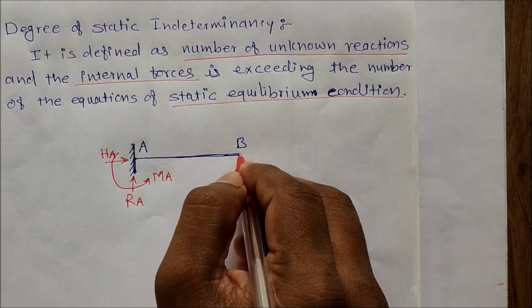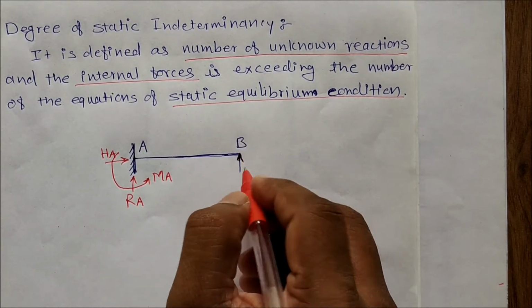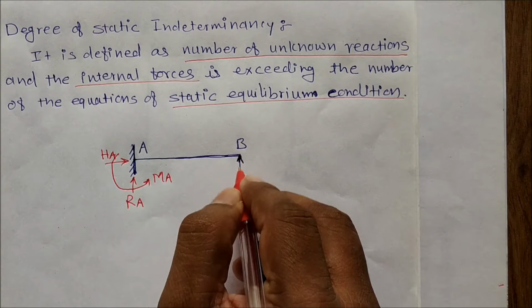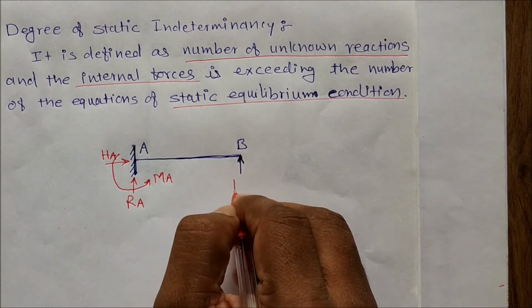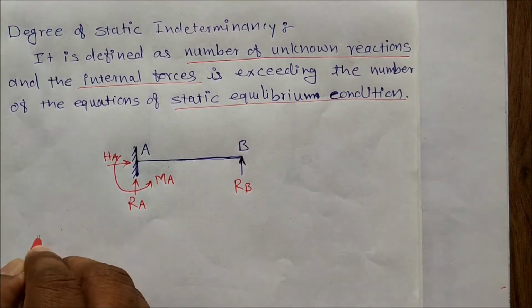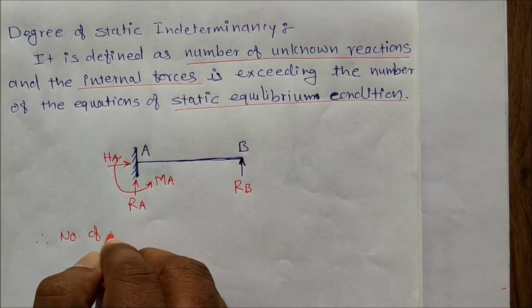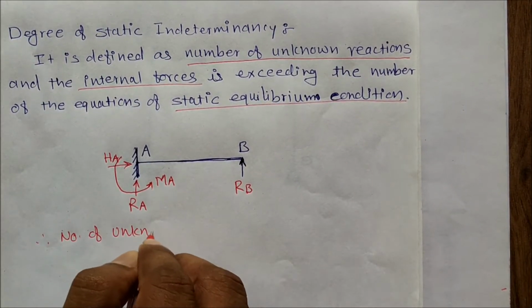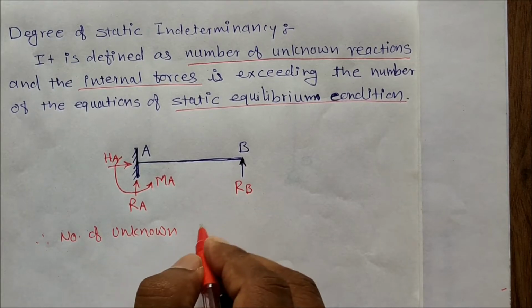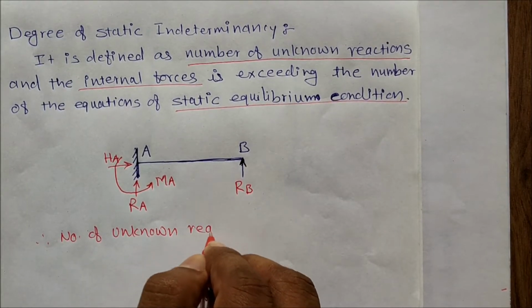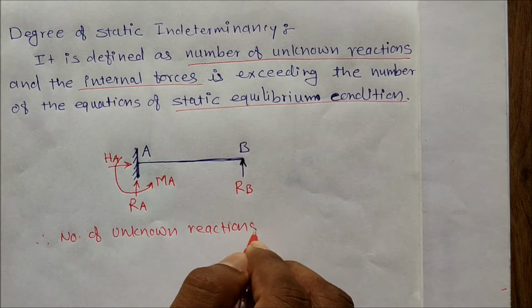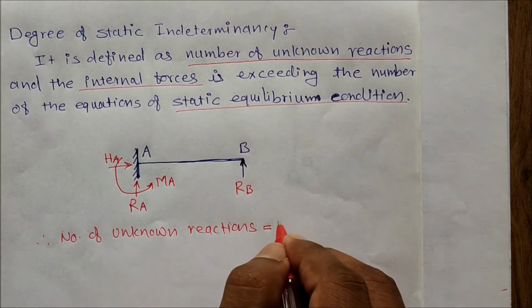And at support B, there is a vertical reaction RB. I will write here, number of unknown reactions is equal to 4.